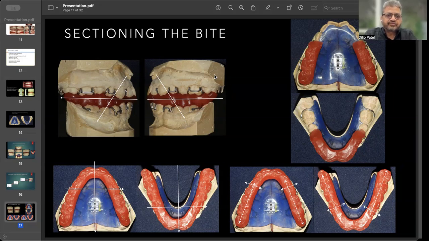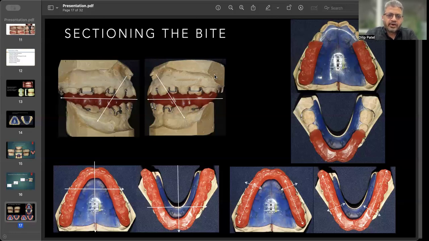So the eruption of the posterior teeth, the first molar, will take place when you do the posterior bite block trimming. Or even the inclined plane can start between the upper premolars and should terminate before the first molar starts.